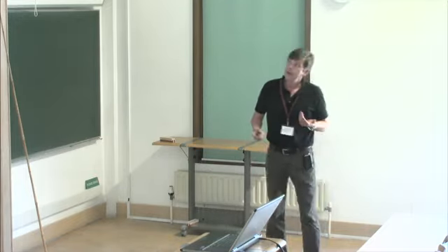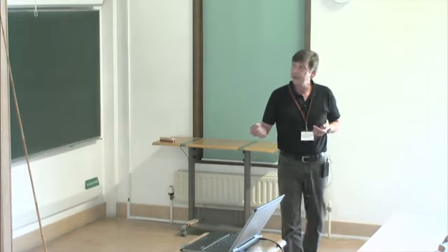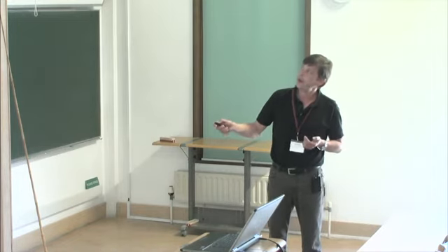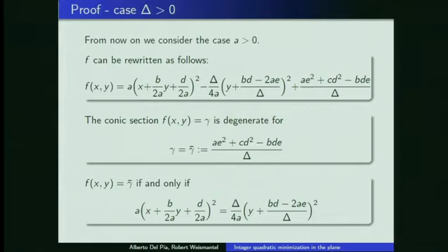So now, the first thing is, after again rewriting this function in this way, we see here that there's a constant that pops up. And so now it's very clear what the degenerate case is. So the degenerate case happens precisely when gamma bar equals this expression here, right?